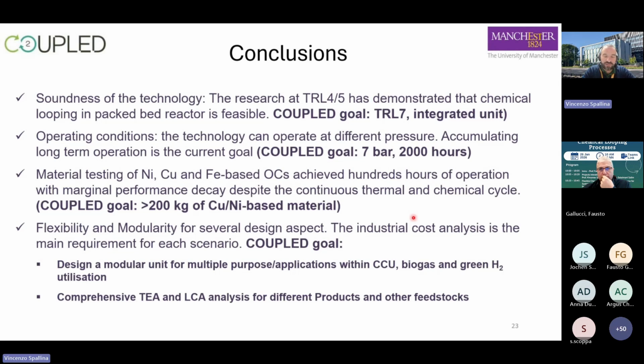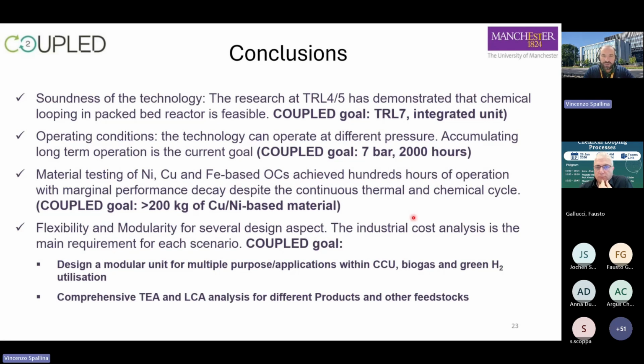It might still provide an industrial interest from industries who are interested in syngas generation for methanol or for other processes. So the technology has a lower environmental barrier than the case we saw before.